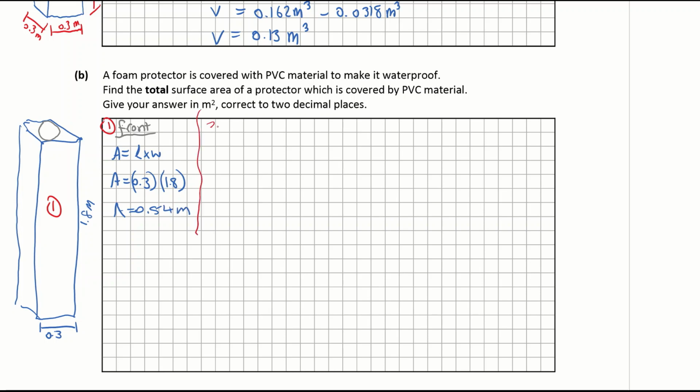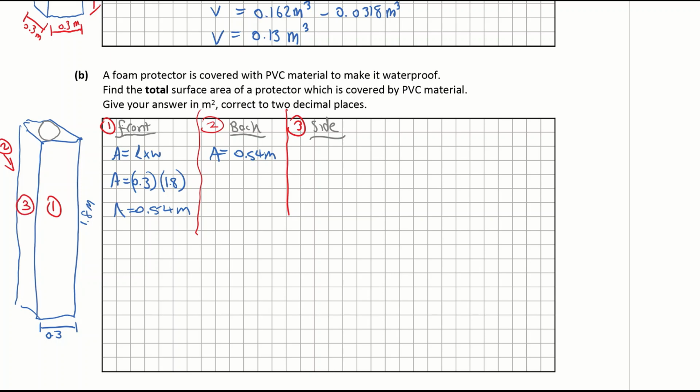Number 2 is going to be the back of the protector. The back of the protector is going to be looking in from back here. So that's going to be area 2, which is basically going to be the same as the area of the front. So I'm going to go area is equal to 0.54 meters. It's the same as the front. And then I have area 3, which is going to be the side of the protector. And that's going to be this area here.